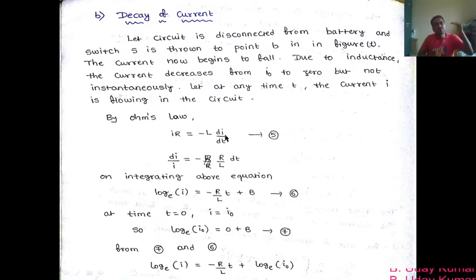In case of growth, the inductor will not allow the current to grow quickly. Similarly, in case of decay, the inductor will not allow the current to decrease from maximum to zero quickly. Because of that opposing nature, it slowly decreases or increases depending on the case.